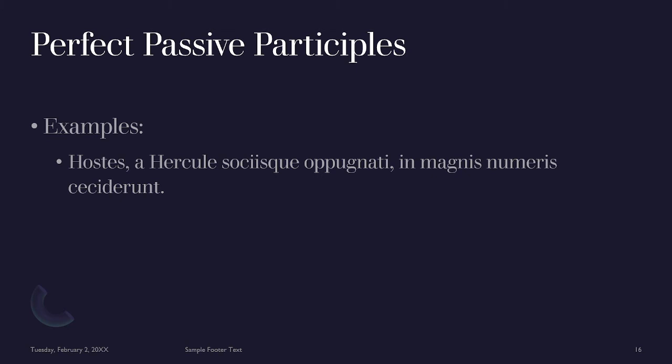So the enemy, oppugnati, attacked a Hercule sociisque, by Hercules and his allies, in magnis numeris ceciderunt. So back to the subject again, the hostes fell, ceciderunt, in magnis numeris, in great numbers. Okay, so again, oppugnati allows us to describe the hostes a little bit more without writing a whole other sentence to do it. But the main action is here outside of the commas.